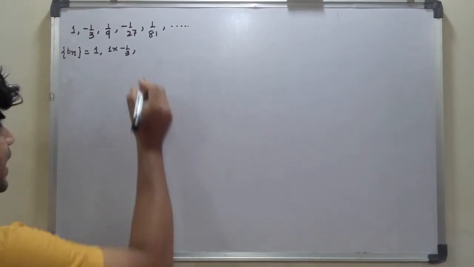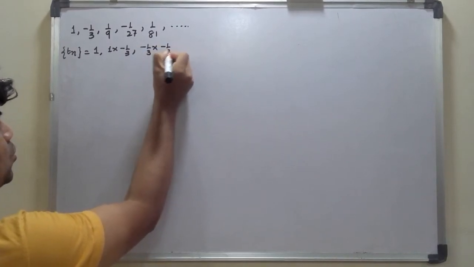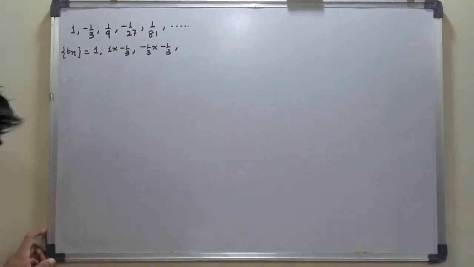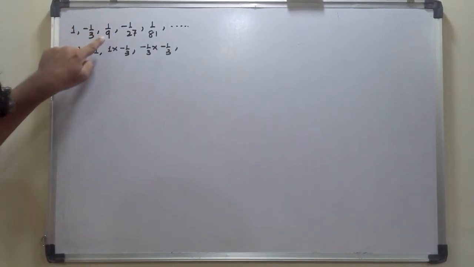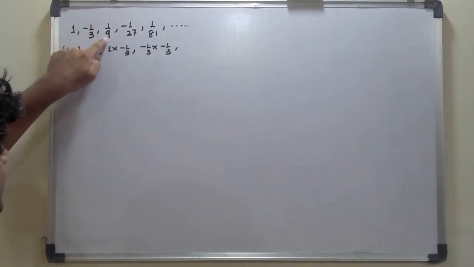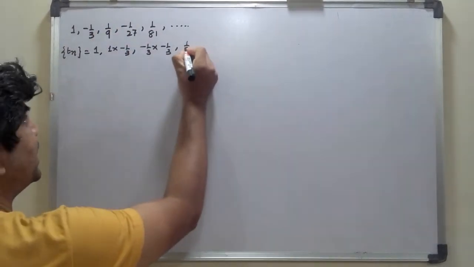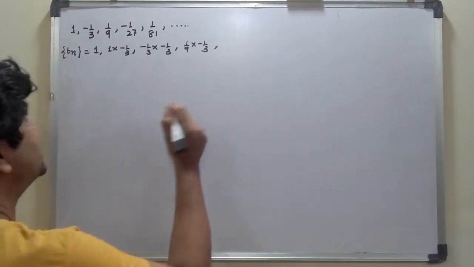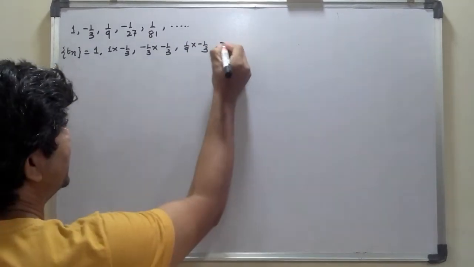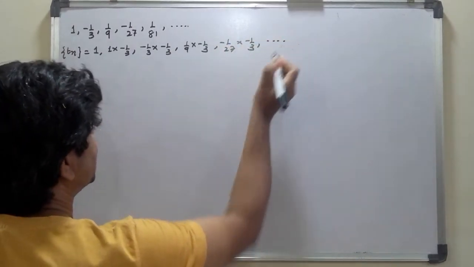Then the next one is minus 1 by 3 into minus 1 by 3. Right? And the next one is 1 by 9, multiplied again by minus 1 by 3. Then again minus 1 by 27 multiplied by minus 1 by 3.